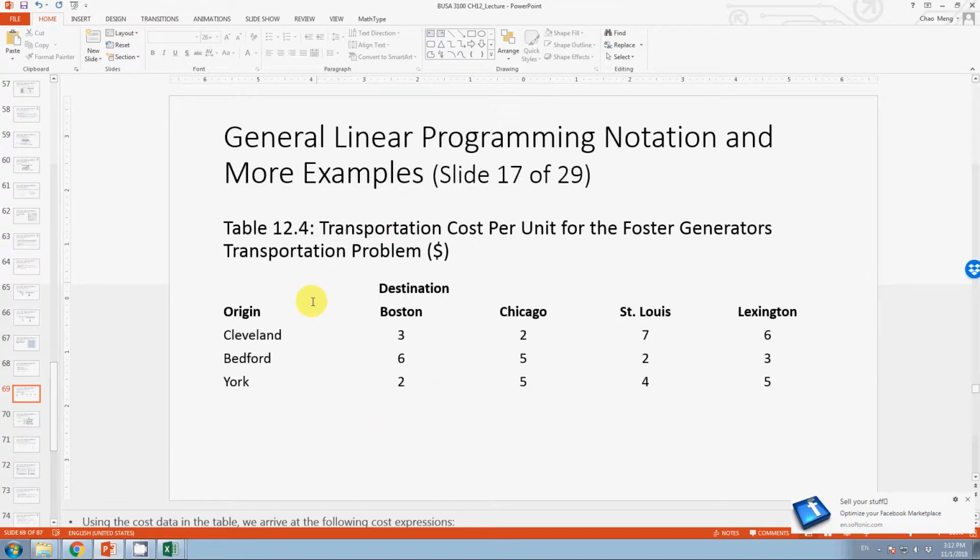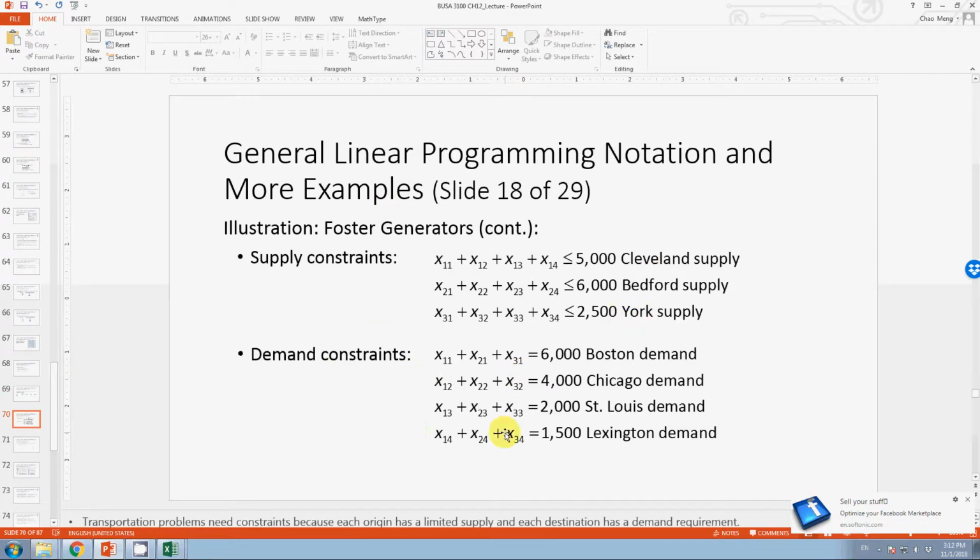Then here are some cost parameters. That means if I want to ship 1 unit of goods from Cleveland to Boston, that's going to cost $3. The same goes for other combinations of supply and demand points. So that is how we model the constraints.